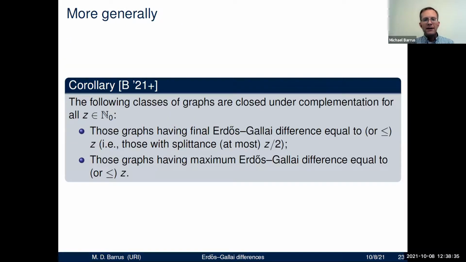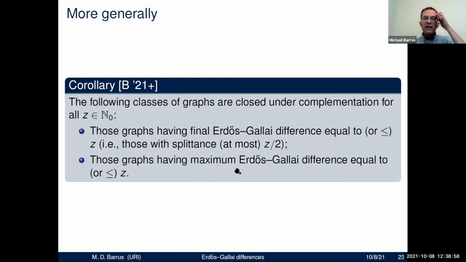And what's more, we don't have to stick with just those examples. So if we talked about all the graphs that had the last Erdős-Gallai difference equal to a certain value or less than a certain value, that's equal to having splittance a certain value or less. It turns out that those graphs are all closed under complementation, which maybe you could have seen already.